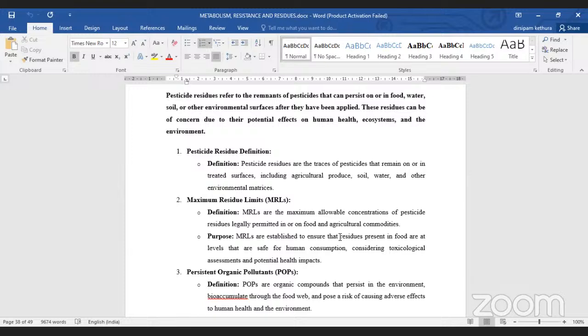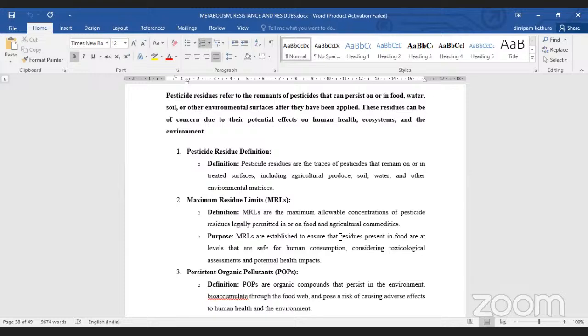What is pesticide residue? These are the traces of pesticides that remain on or in surfaces, including agricultural produce, soil, water, and other environmental matrices. And the second one here is maximum residue limit. What is maximum residue limit?